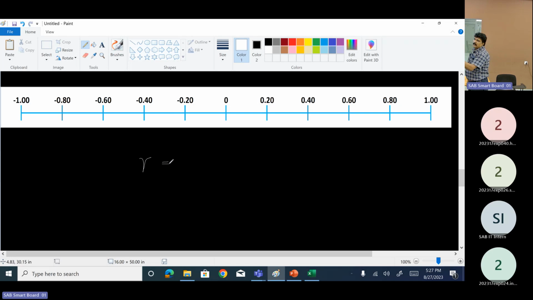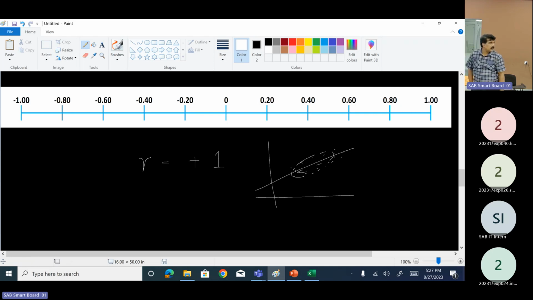So when you calculate the R value, we'll say you are getting exactly plus 1. So plus 1 means positive relationship. So in the structure, we have seen positive relationship means something like this. Slanted to the right and the points are evenly distributed along this line. So that is positive relationship.